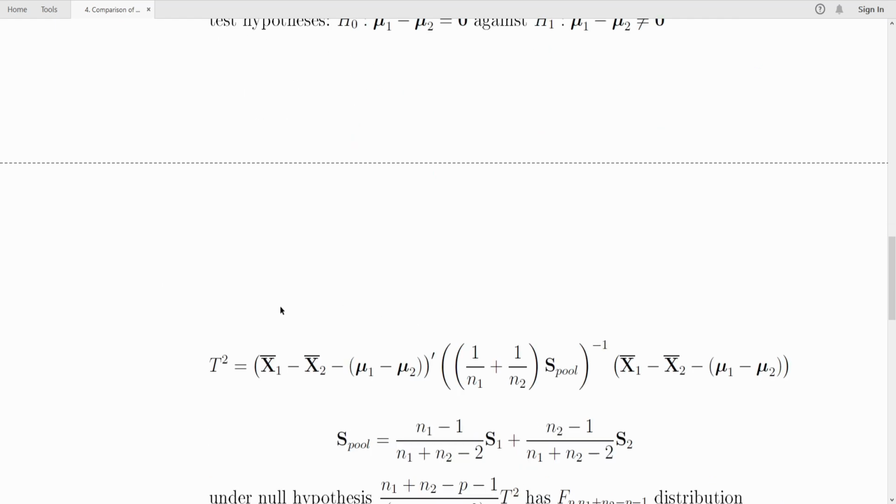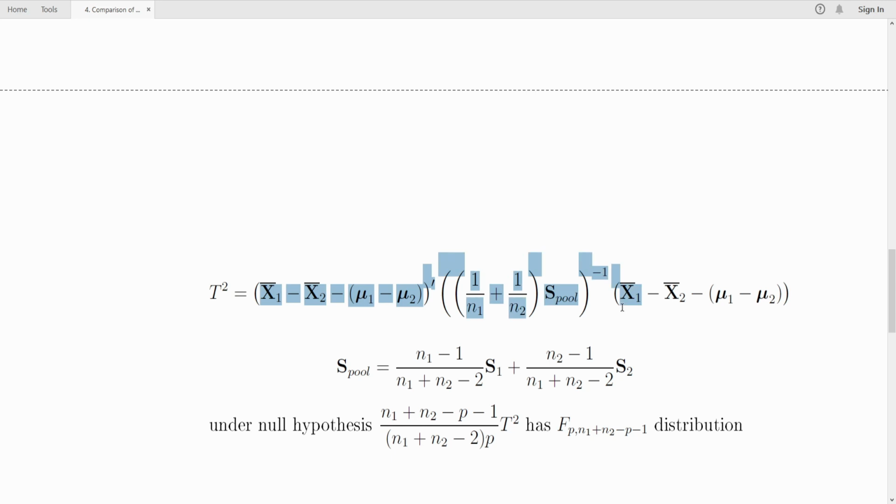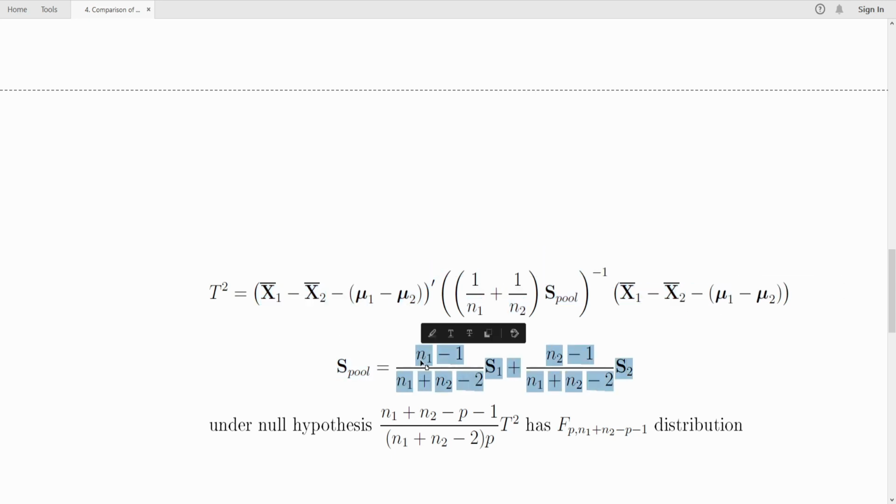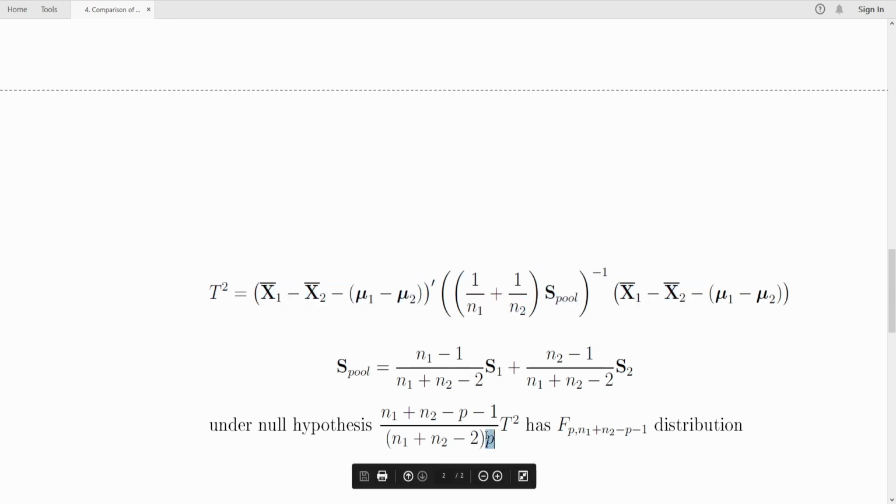Then we can develop a test statistic similar to the one in the univariate case, where we had S pool, which is given by this formula. It is the same as in the univariate case when you first look at it, so this is just a nice generalization. This test statistic times this constant has a Fisher distribution with p and n1 plus n2 minus p minus 1 degrees of freedom.